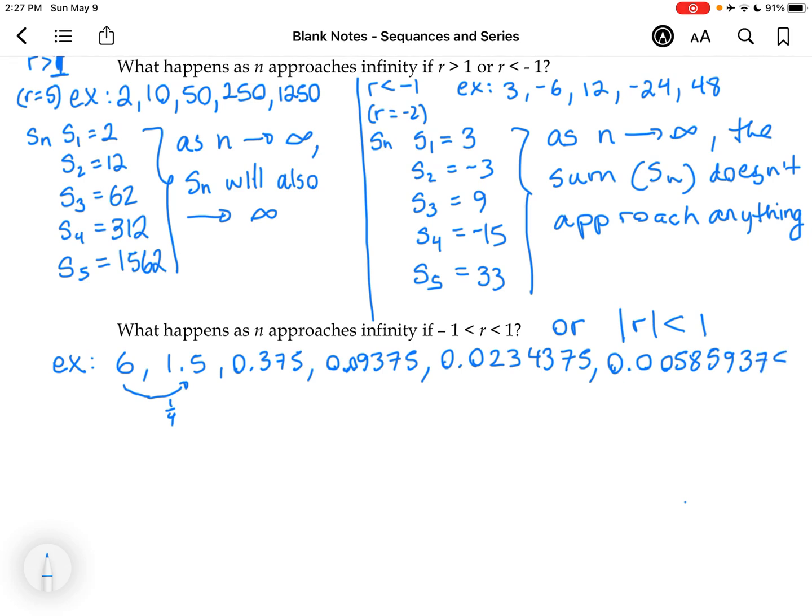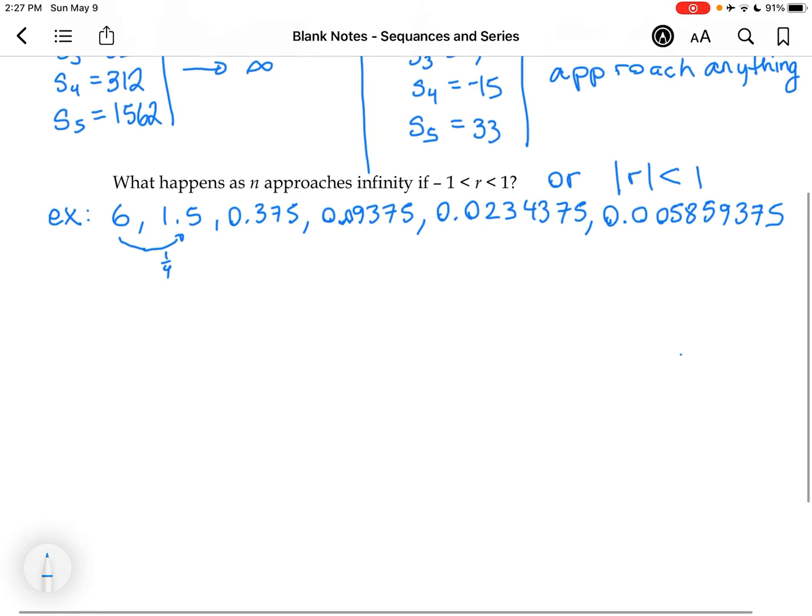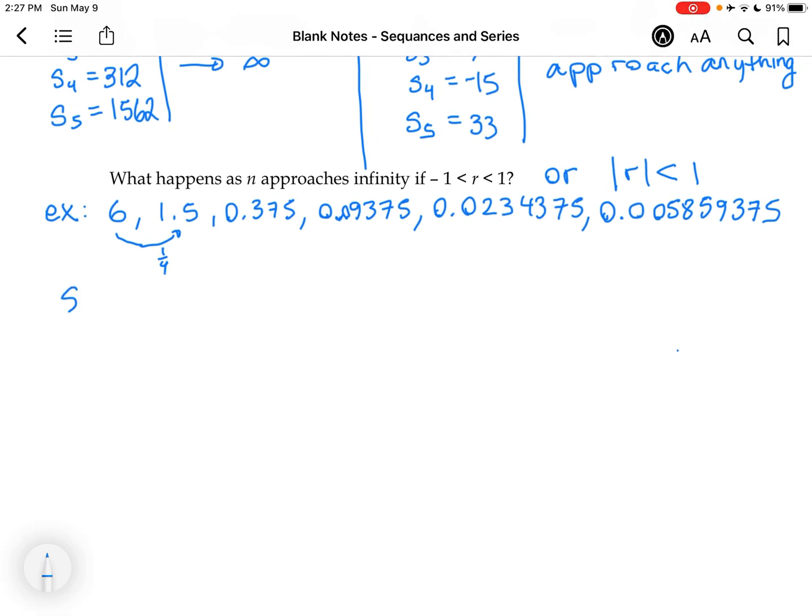Okay, I'm going to stop. So if I do S1, that's 6. Now I am going to pull out my calculator. Actually, I'm going to do this using a calculator on my iPad so that you guys can see what's going on to find the other sums.